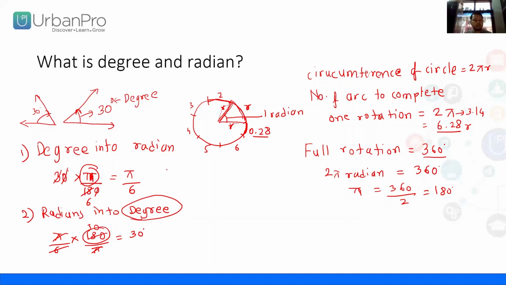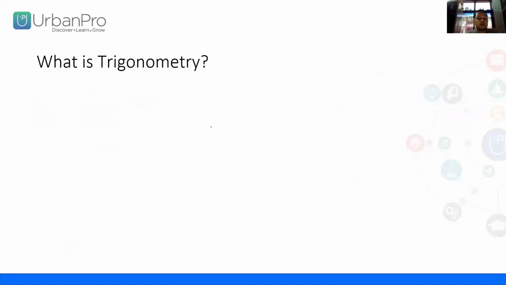Now we will go into the next part. So what is trigonometry? Trigono means triangle, and metry means measurement. So measurement of triangle is basically trigonometry. What parameters does a triangle have?